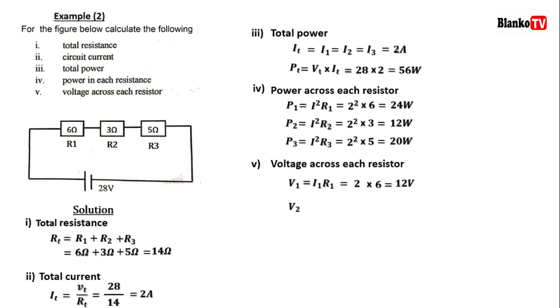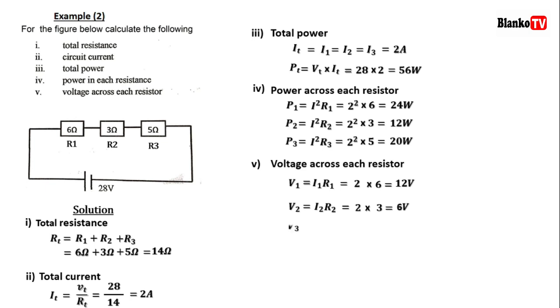V2, that is the voltage across R2, is also I2 multiplied by R2. So we have 2 multiplied by 3, and when we multiply 2 by 3, we get 6 volts.